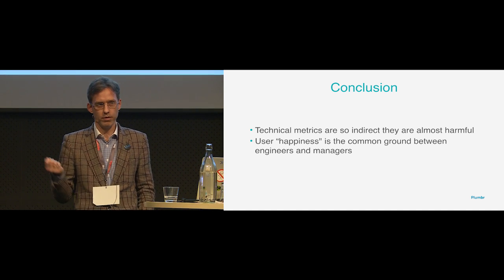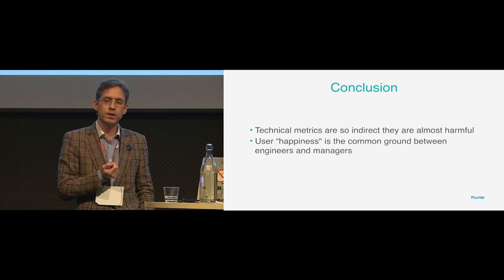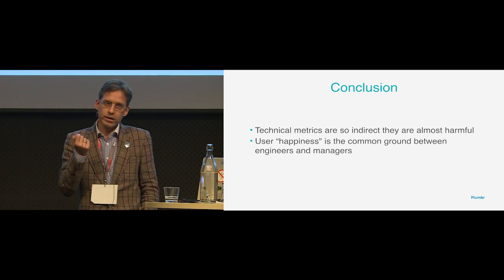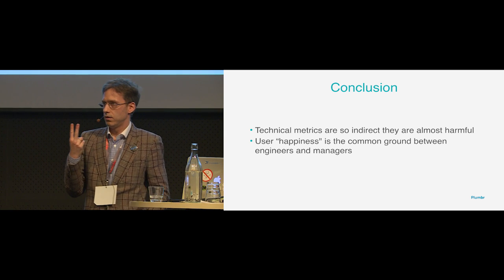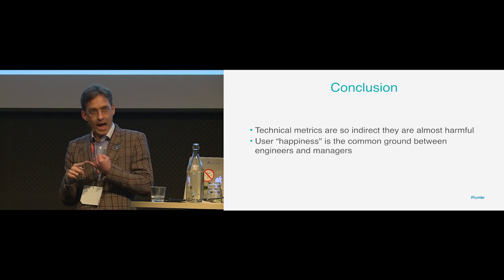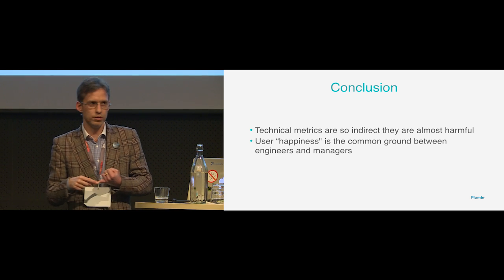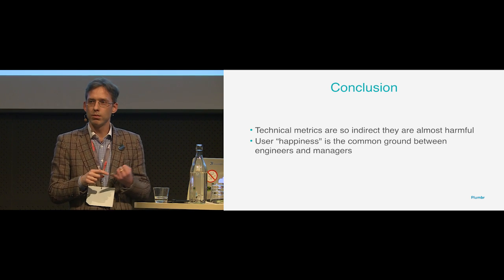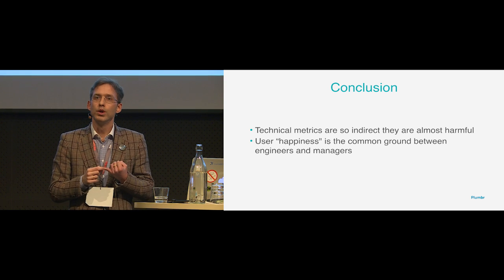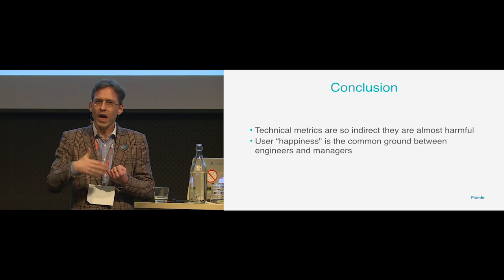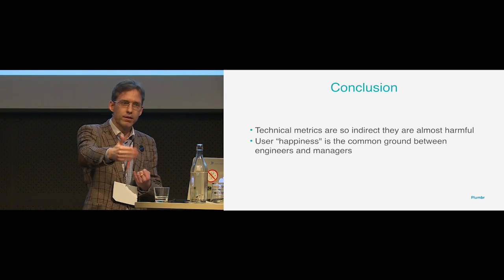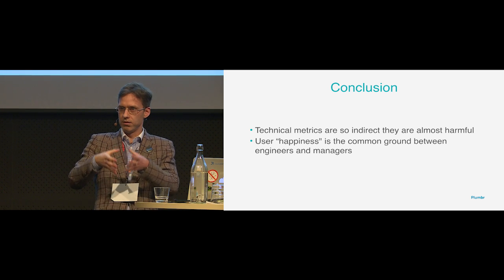Technical metrics don't say that. Technical metrics can tell you only 2 things. One, they can help you find the real root cause of your user-facing problems, and 2, you have to measure them to prevent those purely technical failures.